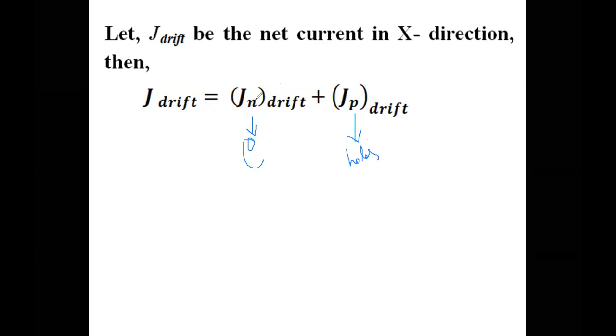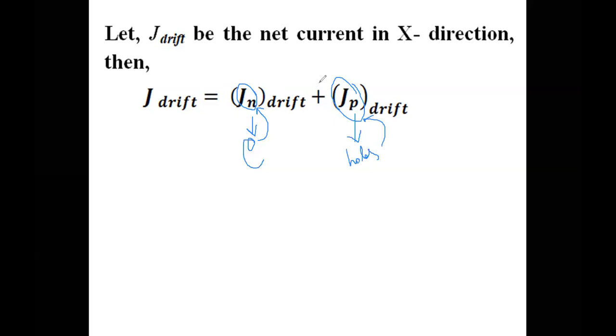I am here representing the electron current density with Jn and similarly the hole current density with Jp, because electrons have negative charge, so I represent with J suffix n, and holes have positive charge, so I represent with J suffix p.